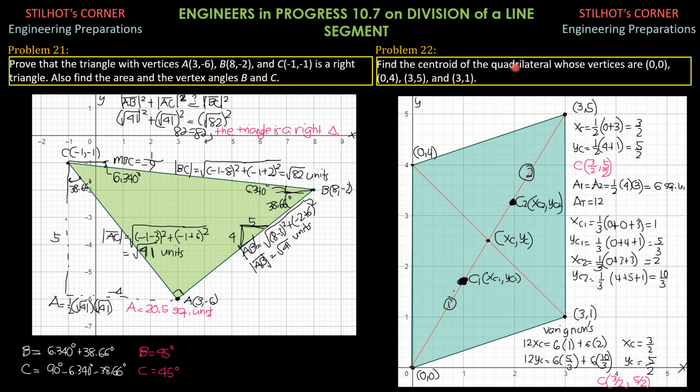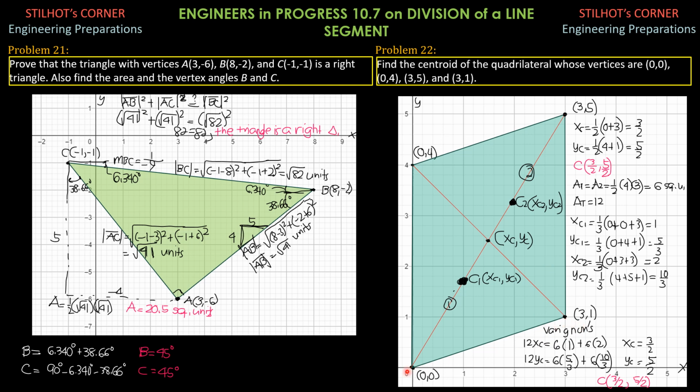Find the centroid of the quadrilateral whose vertices are 0, 0, 0, 4, 3, 5, and 3, 1.